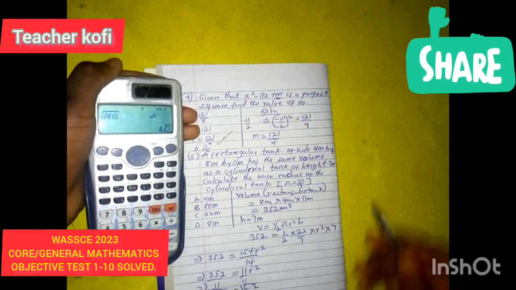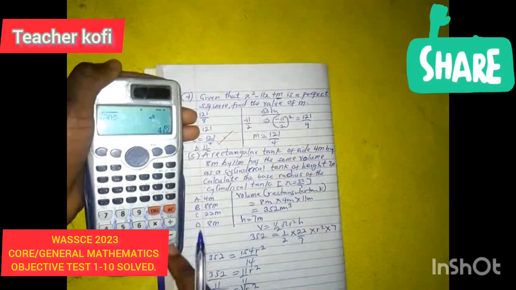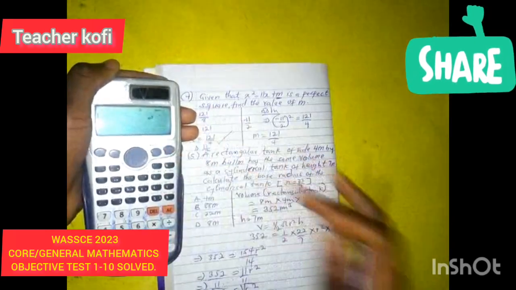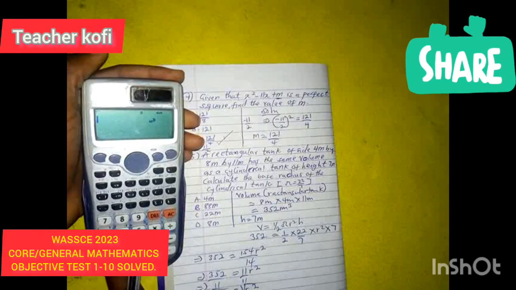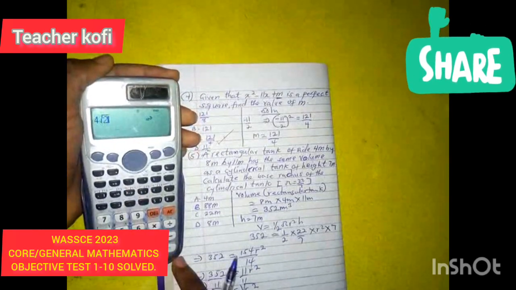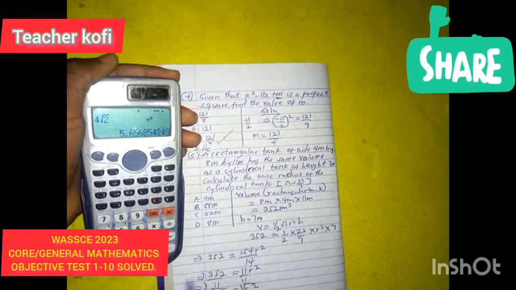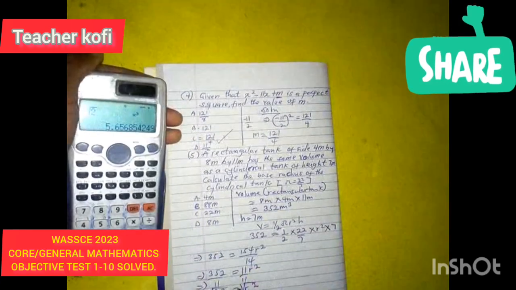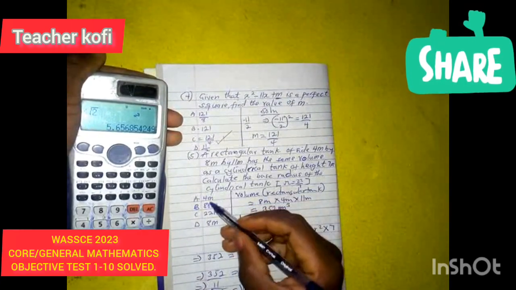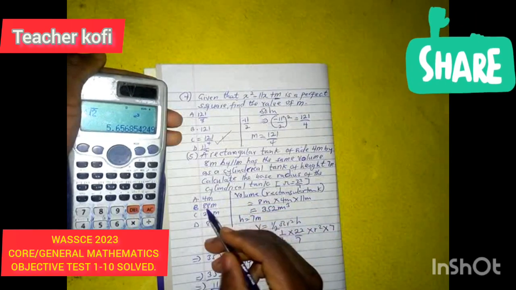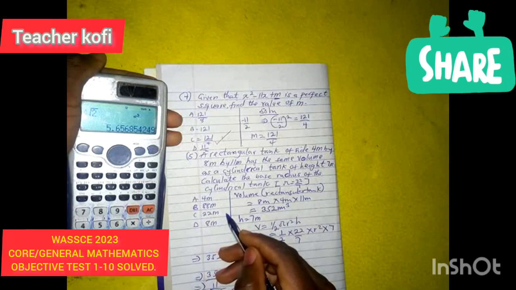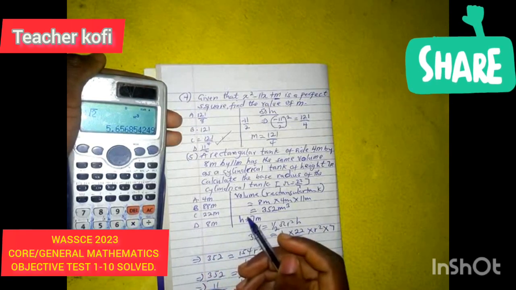But looking at the question, 4 root 2 is the same as 5.65. But looking at the answers provided, we have A to be 4 meters, B to be 8 meters, C to be 22 meters, and D to be 8 meters.